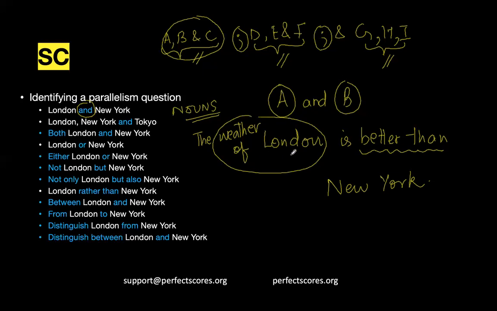You're showing that this is better than this. Although both of them are nouns, you're actually comparing weather to a place. So technically, this is a wrong sentence. It should be the weather of London is better than that of New York or the weather of New York. Okay, is it fine? Is this understood?